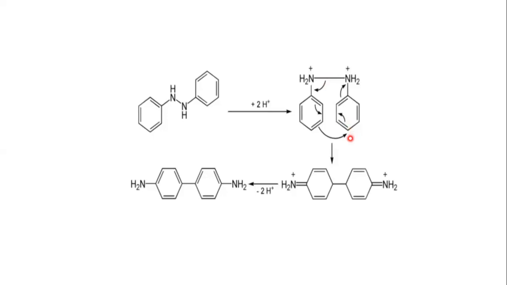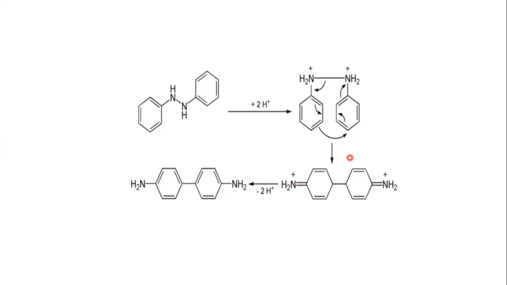So the deficiency of electrons would occur at this position. So this pi electron would act as a nucleophile, and this carbon atom of this ring and this carbon atom of this ring would be connected in this form.